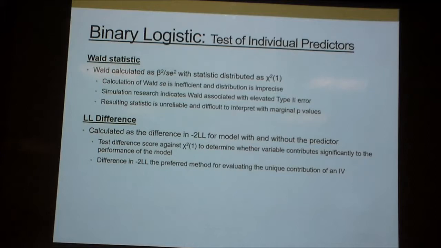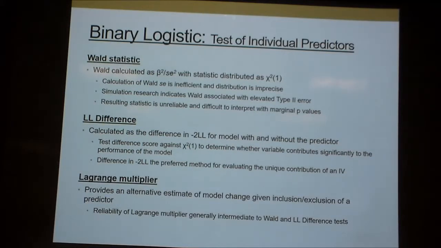Again, we're hoping that the difference between those two log likelihood values would exceed our critical value at alpha 0.05, or whatever it is that we're doing, okay? And this difference in our -2 log likelihoods is our preferred estimate for evaluating the unique contribution of this predictor, okay?